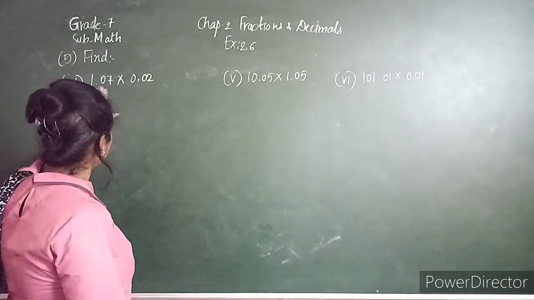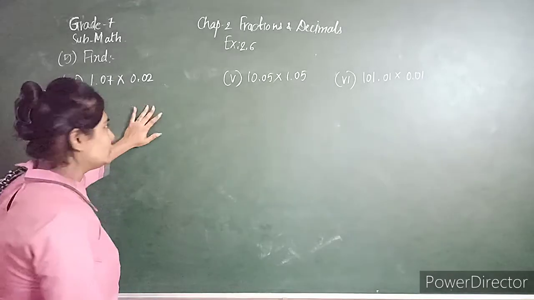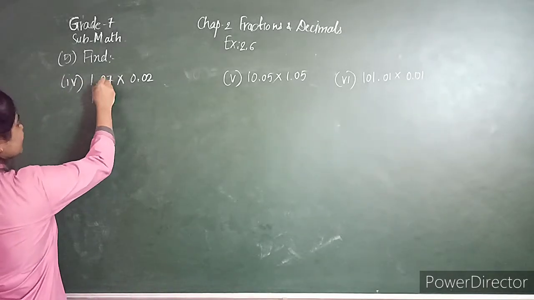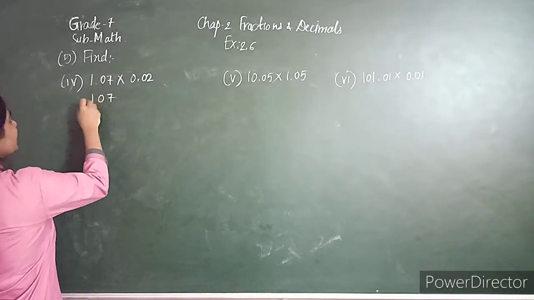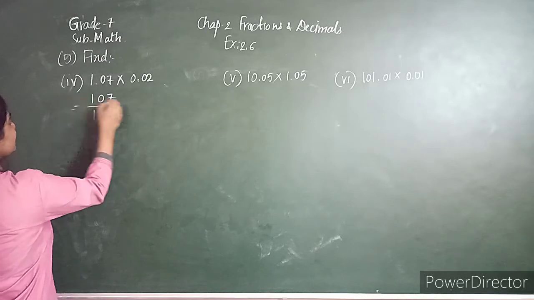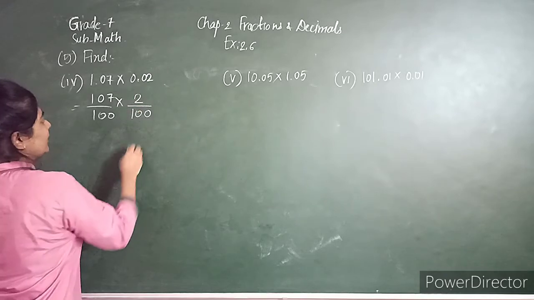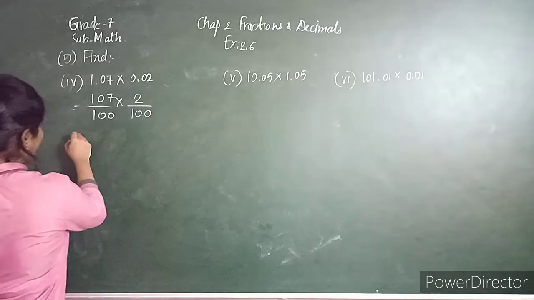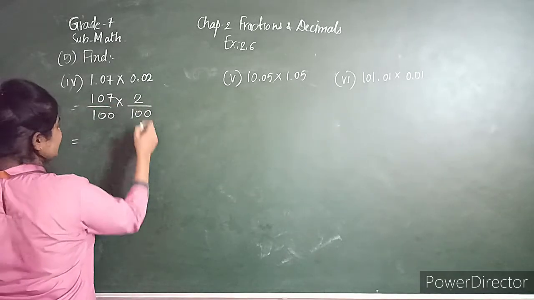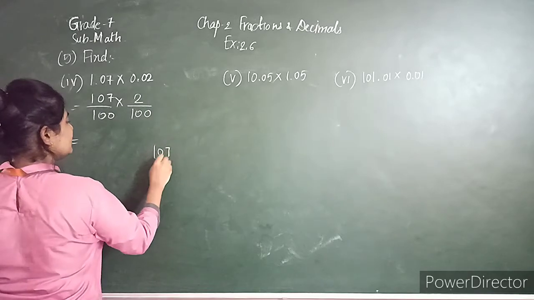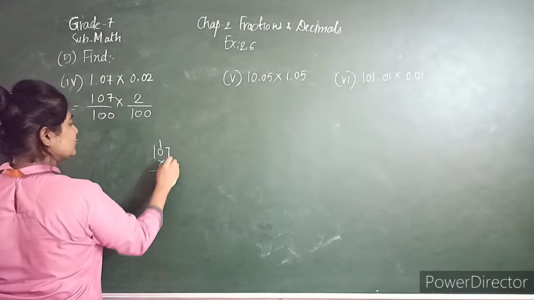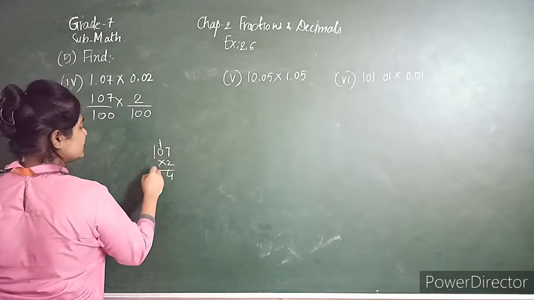Now fourth number, 1.07 into 0.02. So here point is given before two numbers, so we have to put 100 in the denominator. Here also point is given before two numbers, so we have to put 100 in the denominator. Now multiply 107 with 2, so it is 2 7s are 14, 2 0s are 0, 2 1s are 2.